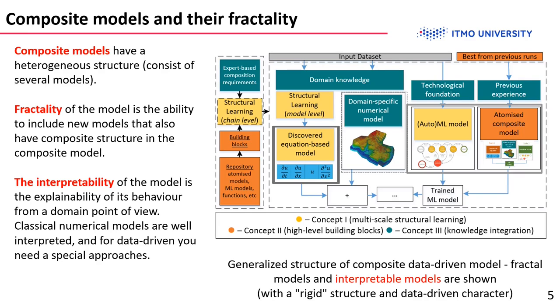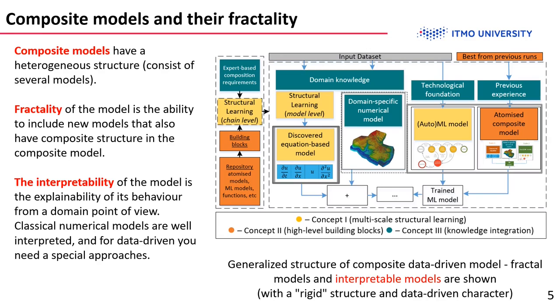And also, as you can see, this model contains some automated machine learning model and a domain-specific model, and it moves us to the second property, the interpretability of the composite model, that can be achieved by the involvement of interpretable submodels inside the composite model.